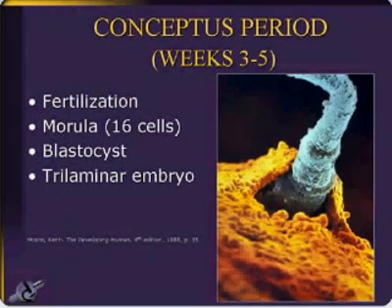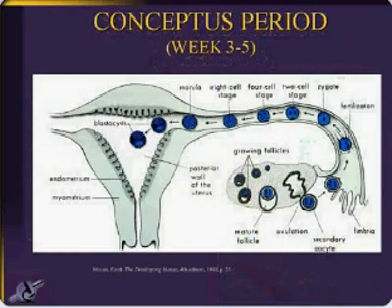And Houston, we have contact right here. And now cell division begins until we form the morula, which is the 16-cell ball, then the blastocyst, where the cells layer out and a sac forms, and finally a trilaminar embryo by the end of this conceptus period. All of this is going on in the fallopian tube.